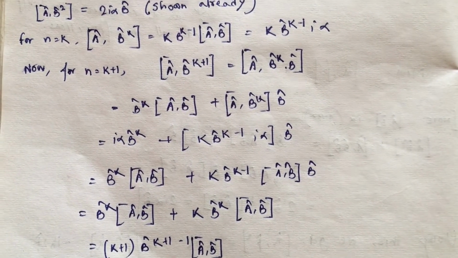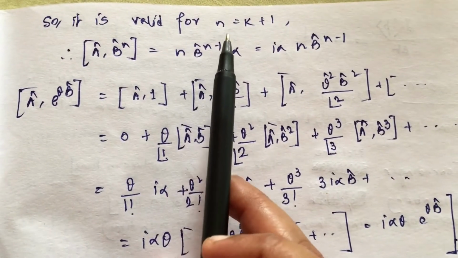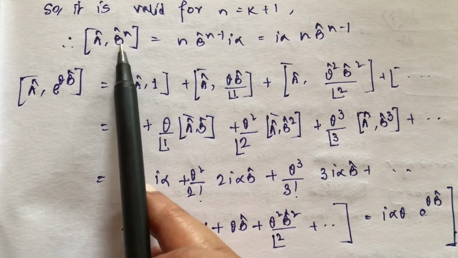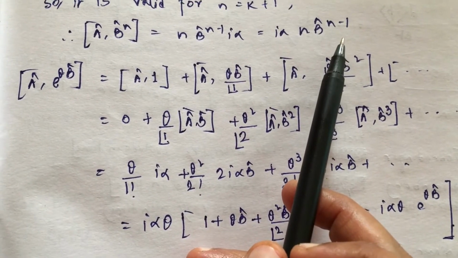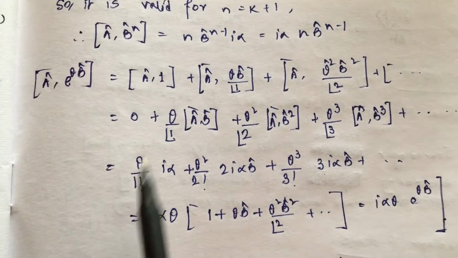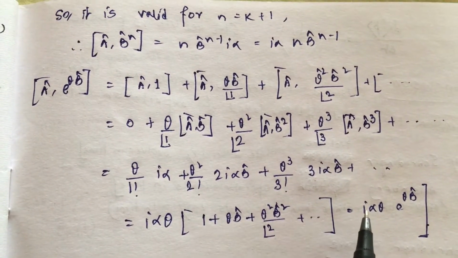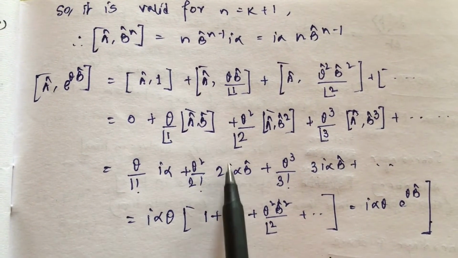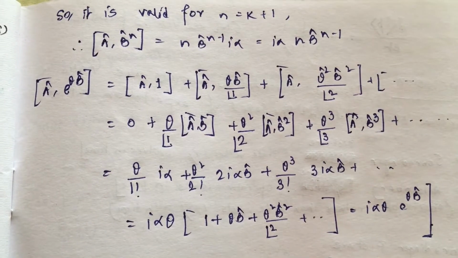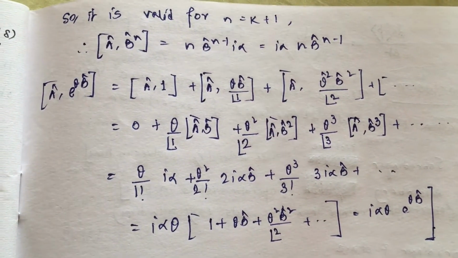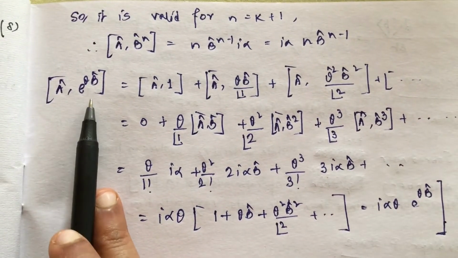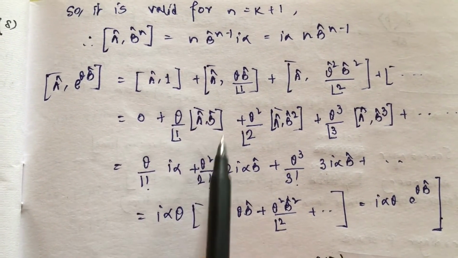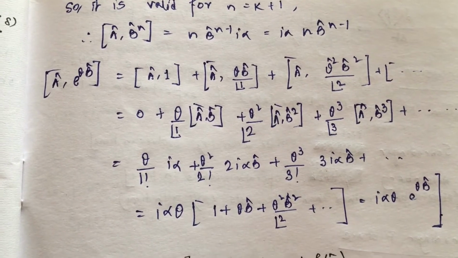So the method of induction tells me that as it is valid for n equal to k plus 1, for B to the power n the same relation will be obtained. And this is another identity I have shown, because this type of proof you may get in your examination, or in doing some quantum mechanical problem you may need this type of commutation relation. So I have additionally derived this also.